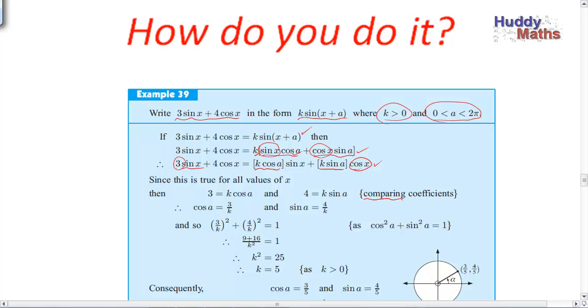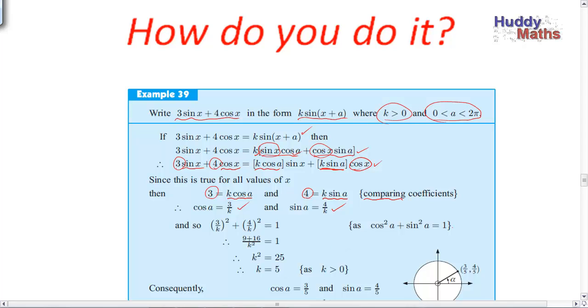We have 3. So 3 must equal k cos alpha, equating coefficients of terms. For cos x, we have 4 over here, therefore that must come to 4. So the cos of alpha is 3 on k, and the sine of alpha is 4 on k.